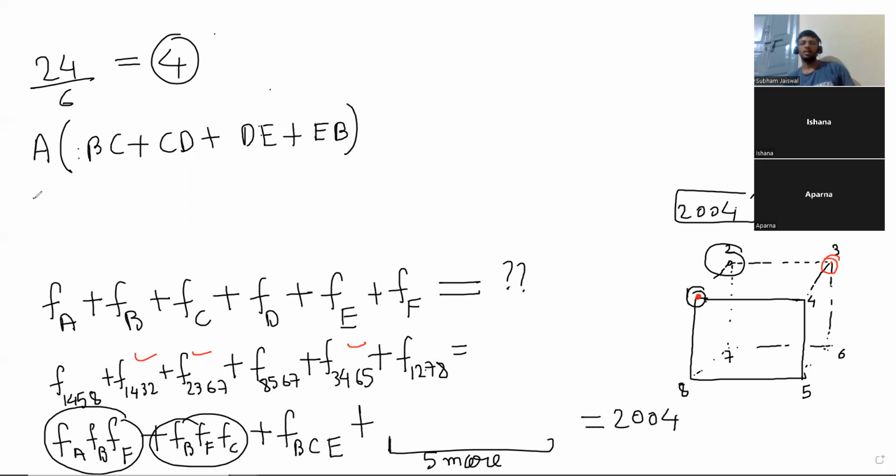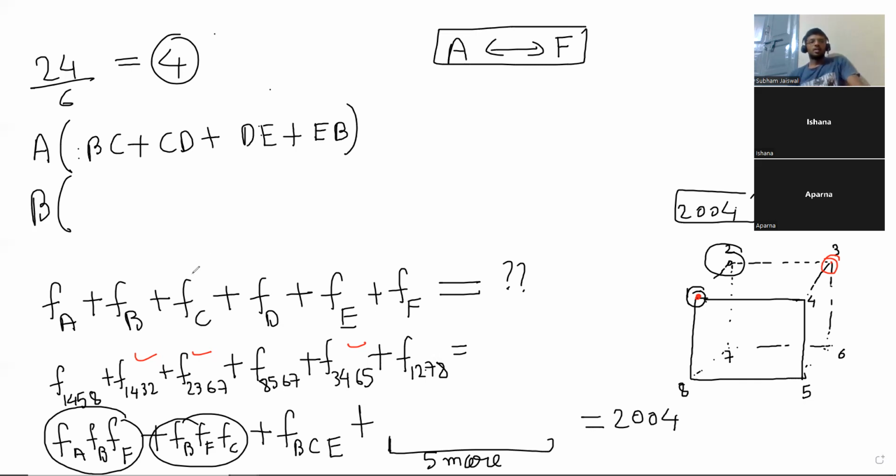I'm trying to say is that, similarly when there is B, like A is opposite to F. So you have fixed this. Then B will be opposite to what?